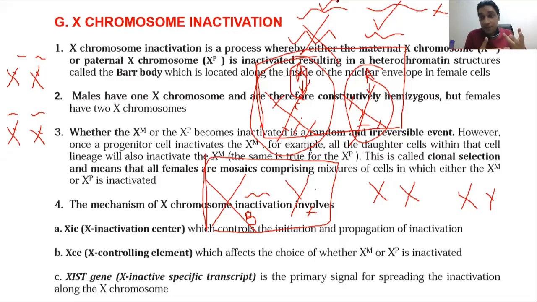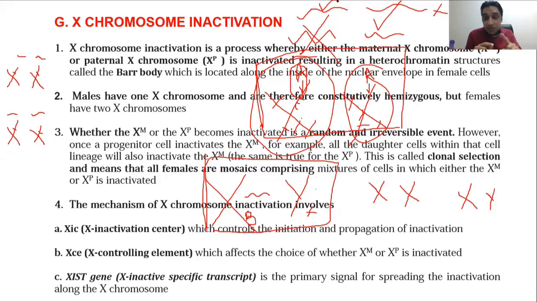Whatever we are studying is how we can regulate the expression of genes, how nature inactivates those genes present on the X. The first thing is that we should know why there is a need to silence the genes, and why it is required, how it can be silenced.